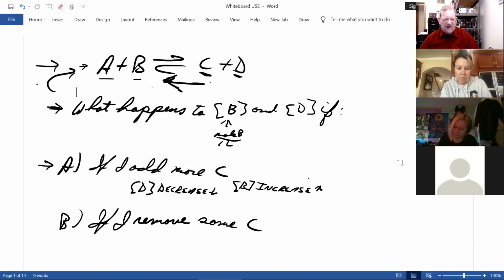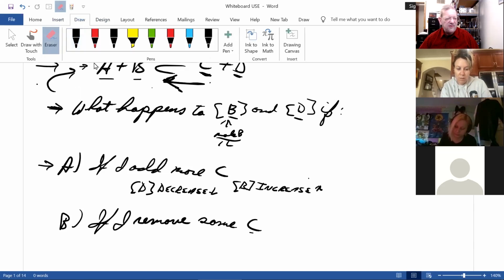What happens to the concentration of B and D if I remove some C at equilibrium? Let me clean this up.